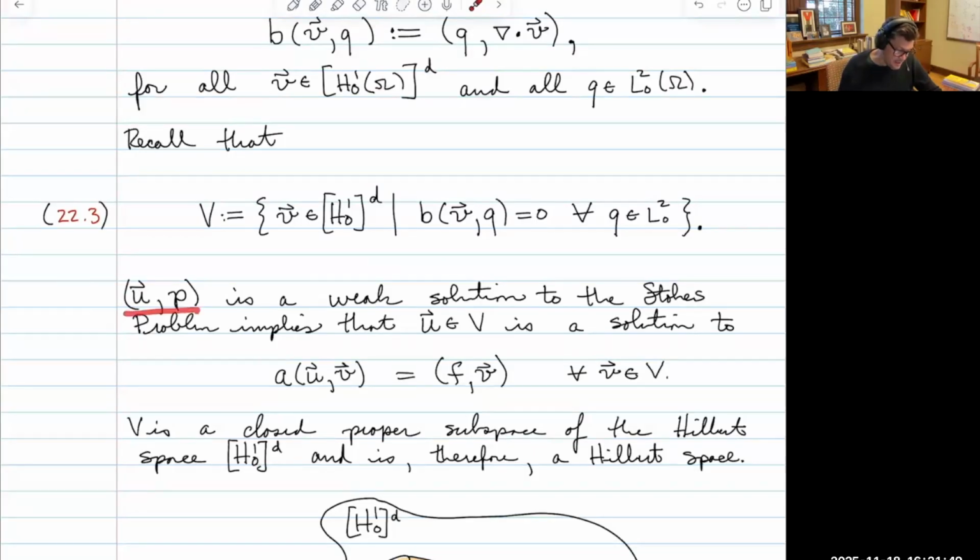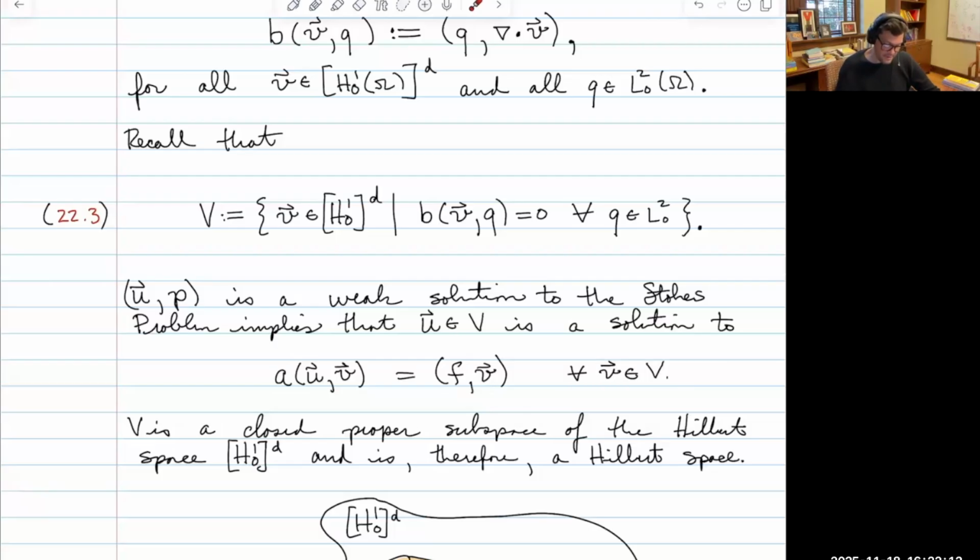If (U, P) is a weak solution to the Stokes problem, this implies that U is a solution to this problem, a lot simpler. In this case, the solution comes from the space V, and the test functions can be taken from V as well.